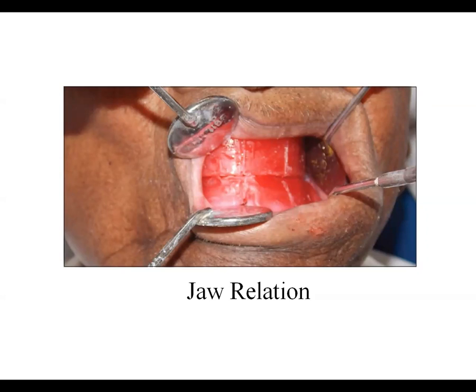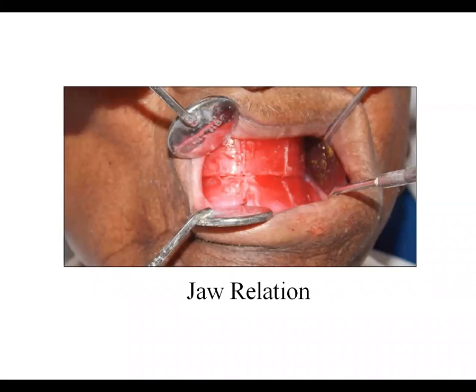All the process of your orientation relation is to record your maxilla to base of skull relation and transfer it on your articulator. In vertical relation, we record vertical dimension at rest, vertical dimension at occlusion, and the proper freeway space.